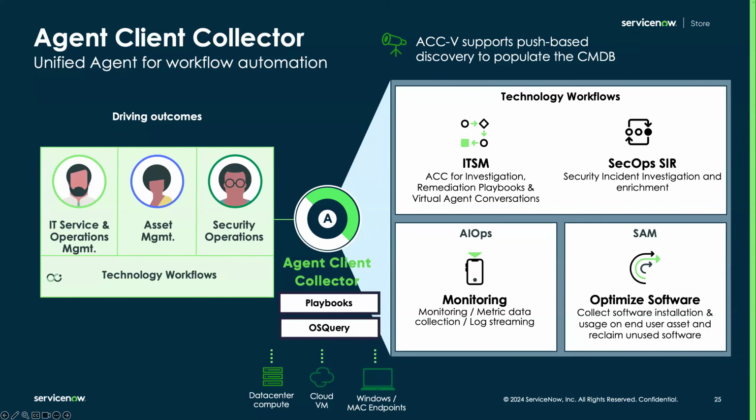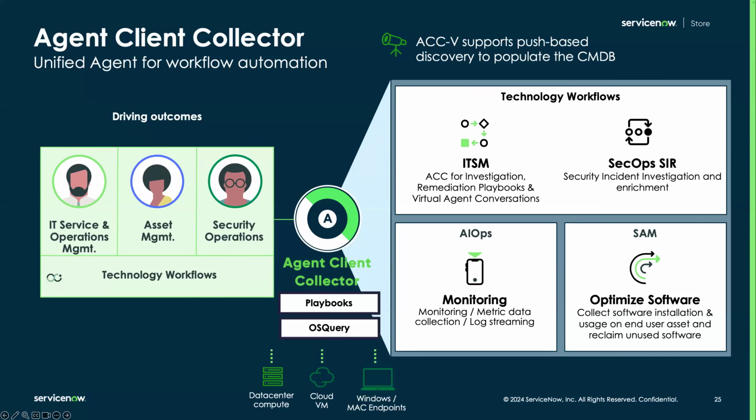The different scenarios involved are, as I just said, end user computing, which demands push-based and event-driven discovery, or IPv6 enabled compute, or challenges with obtaining credentials. Let's say you have a DMZ environment and you need to discover it.